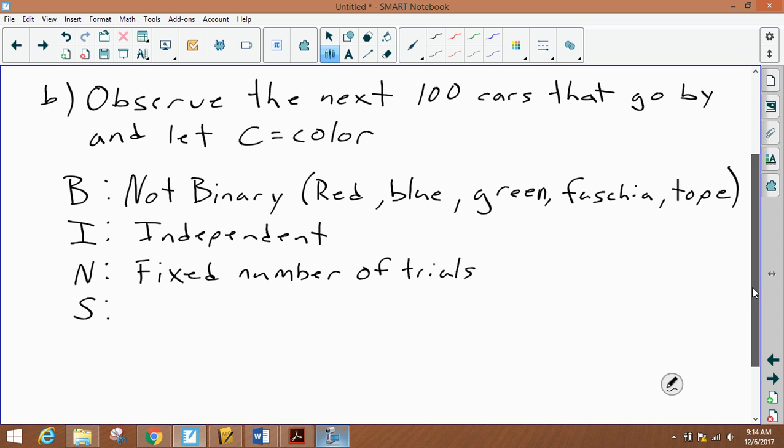And is the probability of success or failure the same for each trial? Success really hasn't been defined, so no.